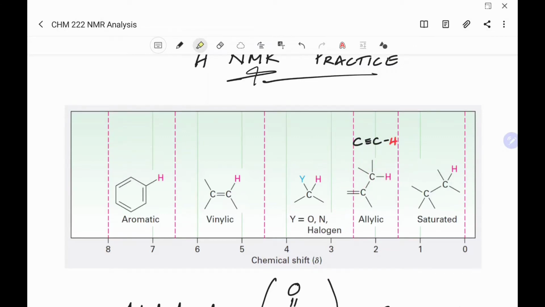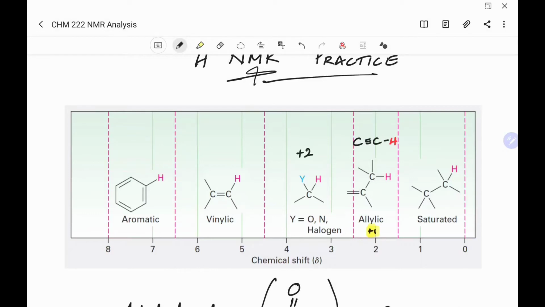As an example, if you have an allylic group next to a hydrogen, it usually adds about 1. Basically it acts as a +1 to the chemical shift. If you have an electronegative atom, it adds 2 to the chemical shift.